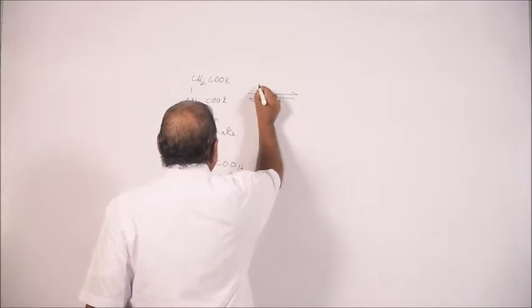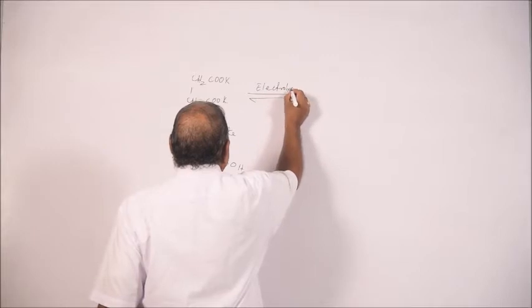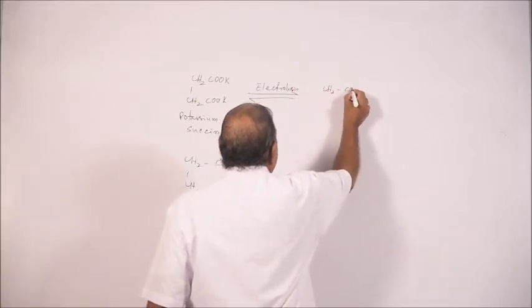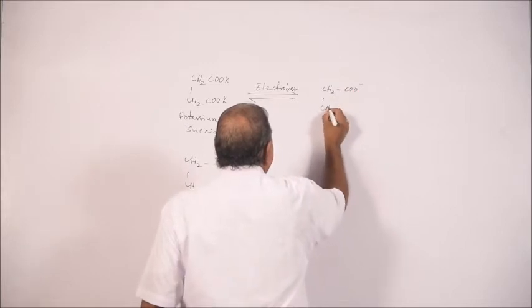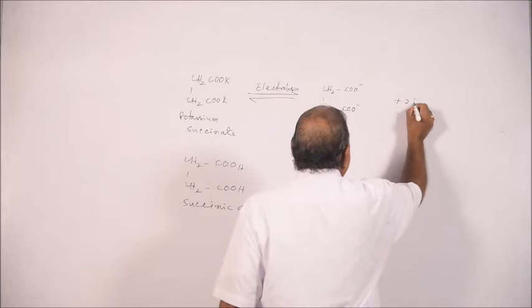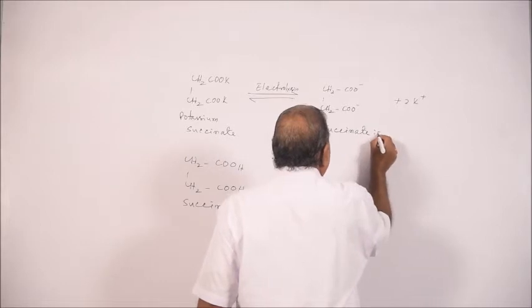Electrolysis is a reversible process. On electrolysis, you are getting succinate ion and potassium ion.